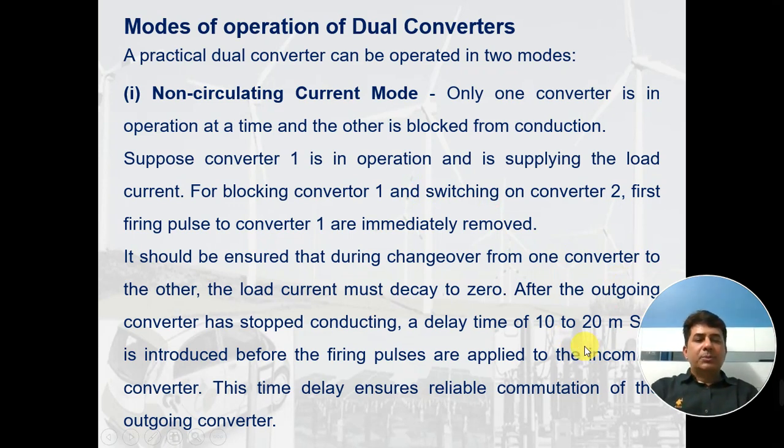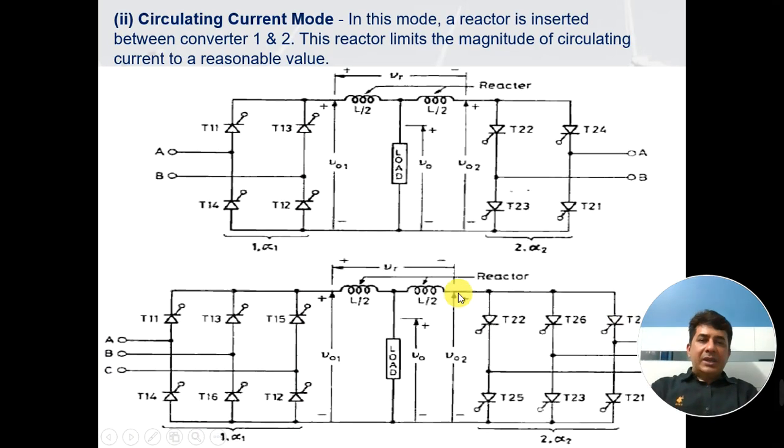So this slows down the process. While if we keep these two converters working simultaneously, then the changeover will happen quickly. So this quick changeover is only possible if we are working these two converters simultaneously.